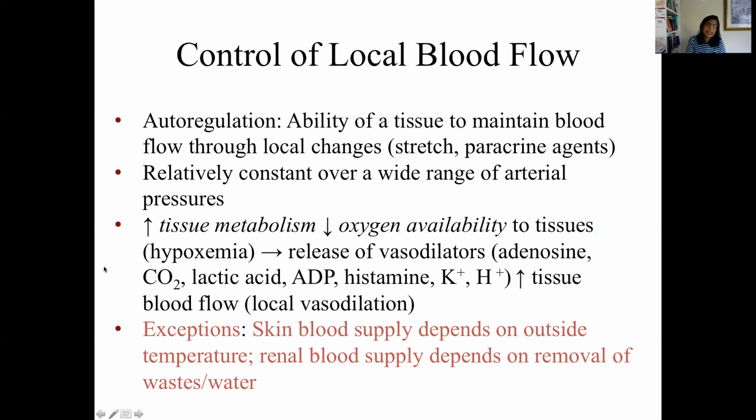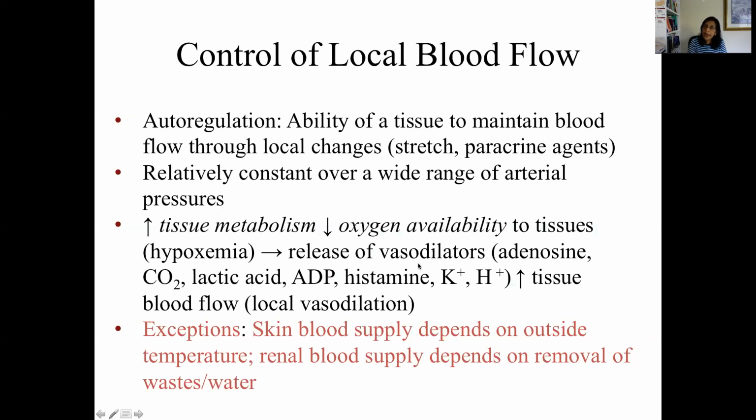So here is one example: increased tissue metabolism. Increased chemical reactions within the tissue is when the tissue uses oxygen, so there is less oxygen available to tissues. Hypoxemia, that is less oxygen availability, then leads to release of vasodilators.